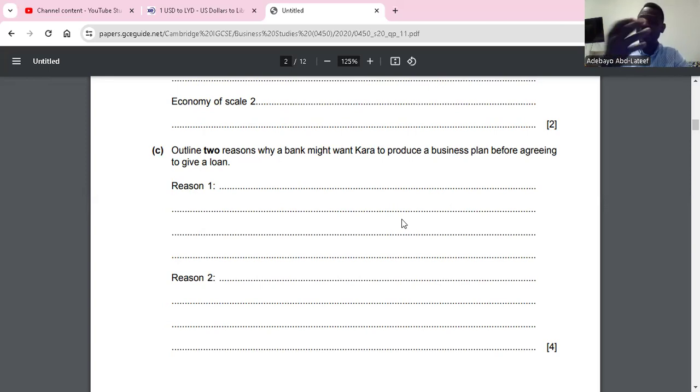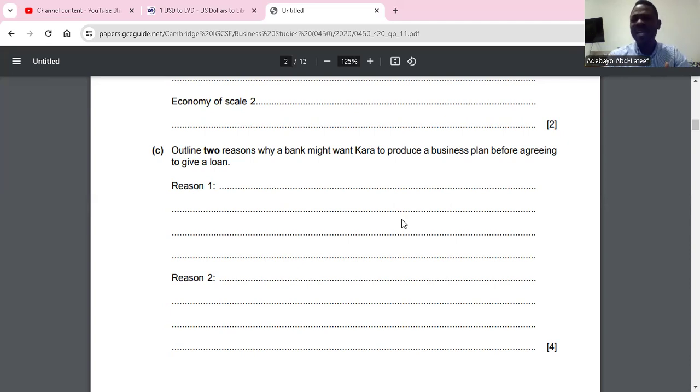That's the first reason. And the second one is about the assets Kara has, because whenever you want to take a loan like this, it is called a secured loan. So the bank will not just give out money. The bank will need some assets to stand as collateral. So through the business plan, Kara would have stated the value of its assets and the value of its liabilities. If the value of its assets is convincing for the bank manager, then they can give a loan.